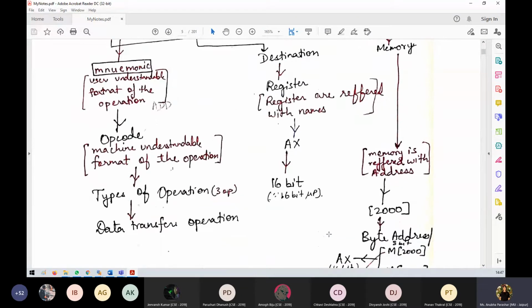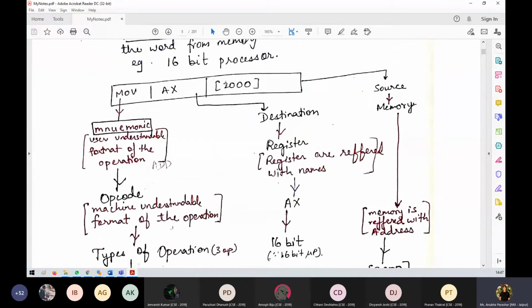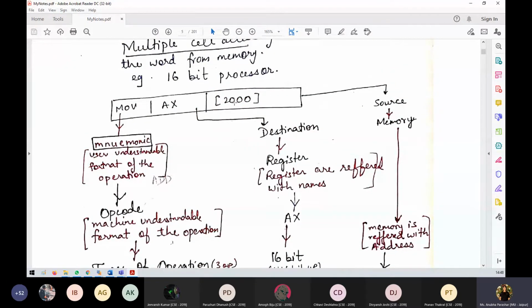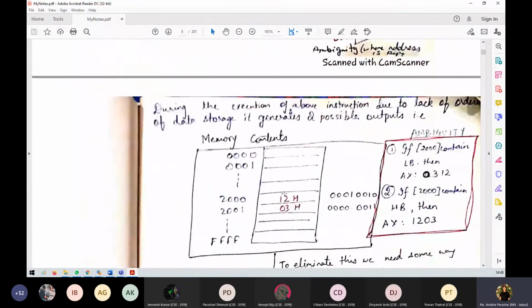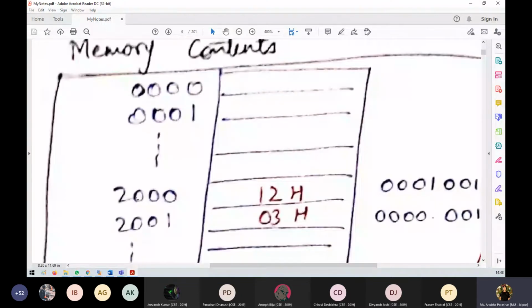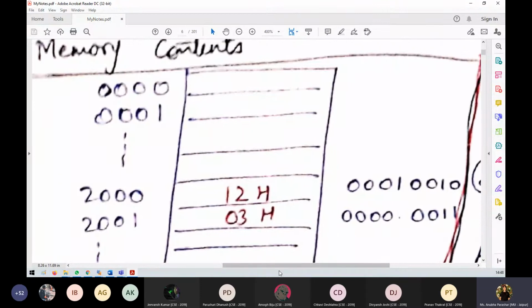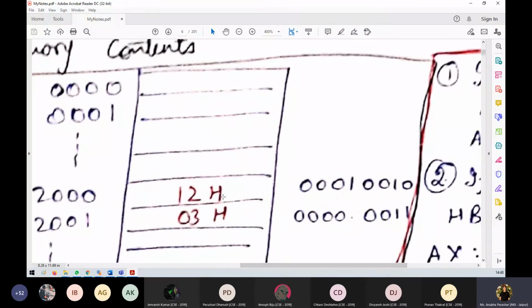Yes. So we have this memory address space, and some data is there. Which data is there? This one. Let's say this is the data at 2000 and 2001. You can convert it from hexadecimal to binary.